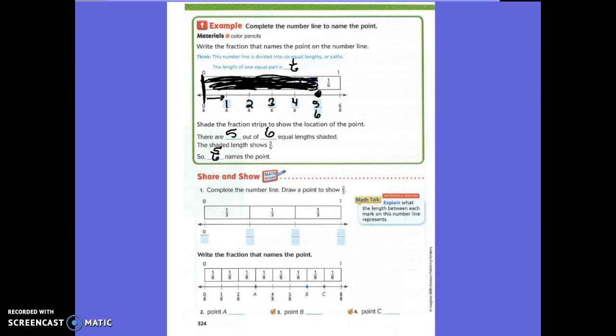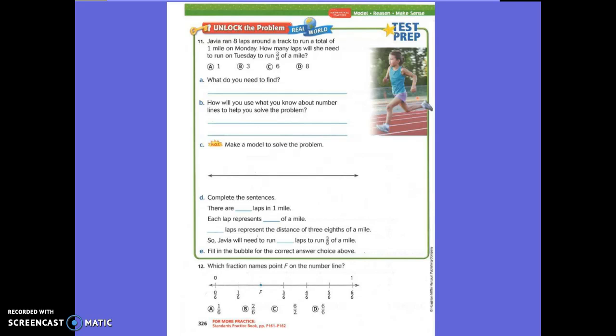All right. Read the story problem. Javia ran 8 laps around a track to run a total of 1 mile on Monday. How many laps will she need to run on Tuesday to run 3/8 of a mile?